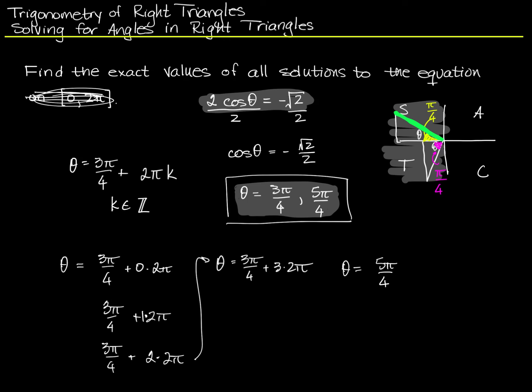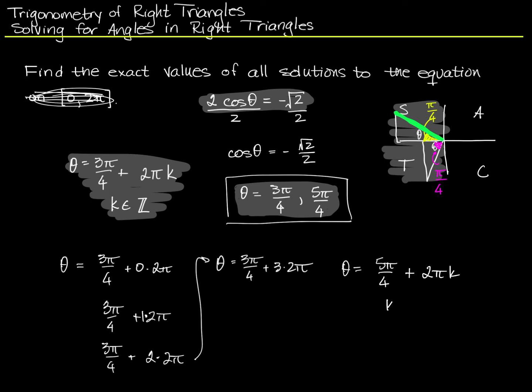So if I don't give you the interval and I ask you for all of the exact values of all of the solutions, then you have to write it this way in order to capture them all. Now that was just the one for 3 pi over 4. Let's add to this one plus 2 pi k. K is an integer. And now we've captured all of those solutions.